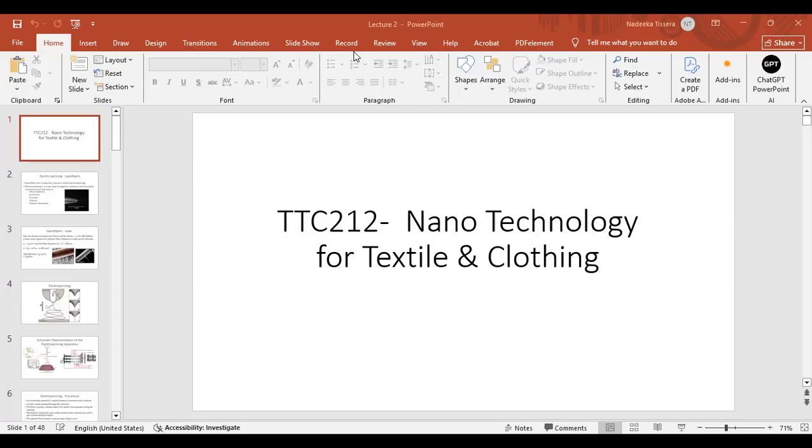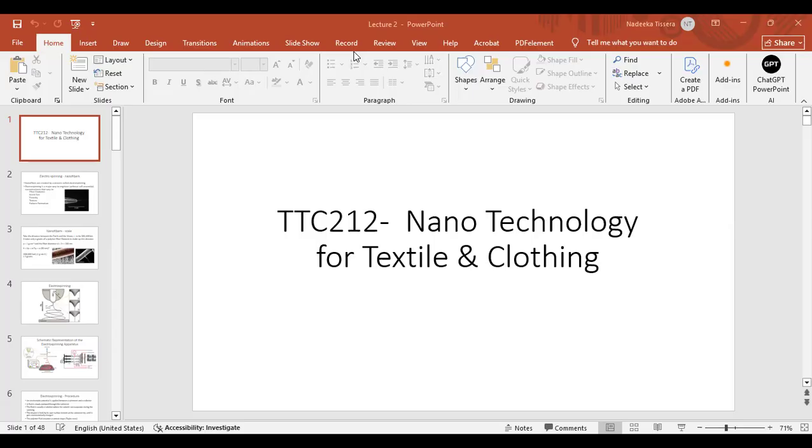We have looked at that, and also at how nanomaterial categorization can happen dimension-wise: zero dimension, one dimension, two dimension, and three dimension. What are the definitions of these dimensions, and what are the different types of nanomaterials under these different dimensions? That is what we discussed during the last two lectures.